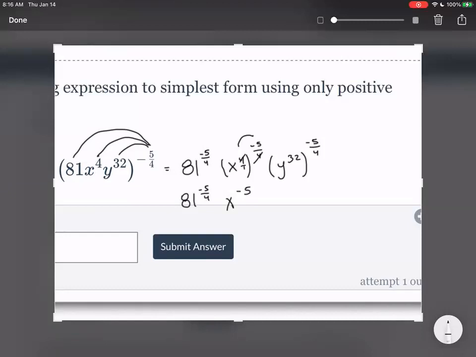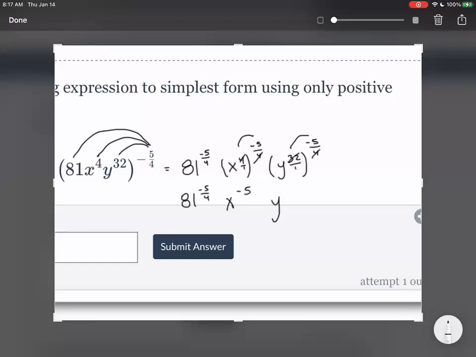And then for the y piece, this is 32 over 1. So when we are multiplying 32 over 1 times negative 5 over 4, our 32 and 4 can cross cancel. I just like canceling before when there's like a big number. So 32 divided by 4 would be 8.